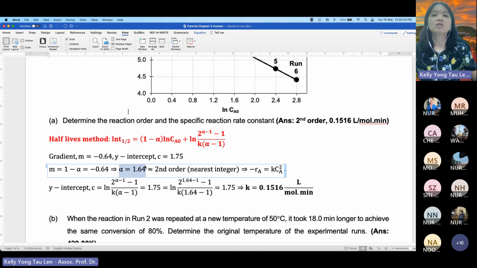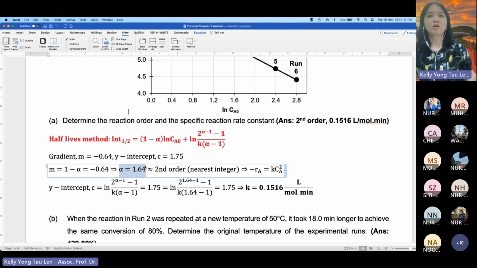And as I told you before, you round up to the nearest integer. So the nearest integer will be 2. So your alpha is 2, or we can say that your reaction is second order with respect to A. Because in this case there is only one reactant, reactant A, so the reaction order refers to your reactant A.